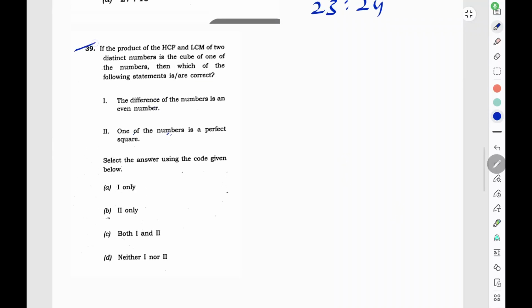Next question 39. If the product of the HCF and LCM of two distinct numbers is the cube of one of the numbers, then which of the following statements is/are true? Let's consider those two numbers as x and y. By the fundamentals of mathematics, the product of HCF and LCM is the product of the numbers. This is equation 1.